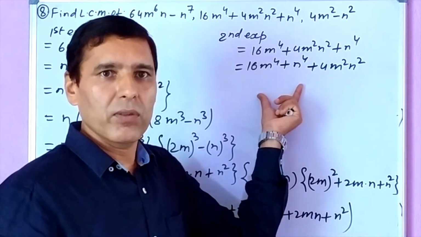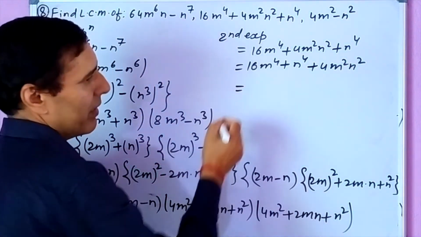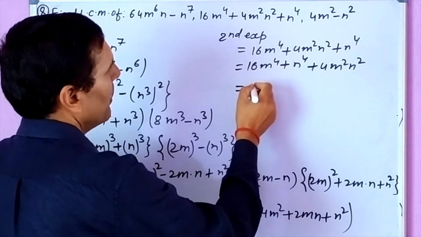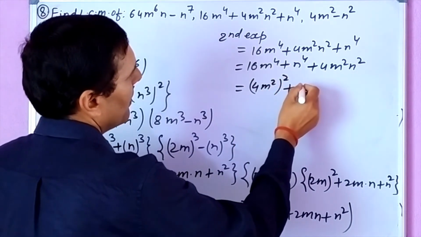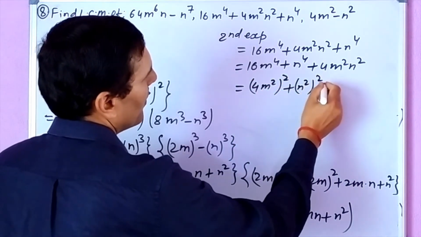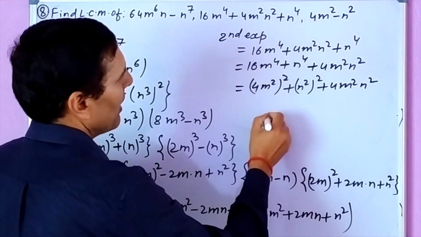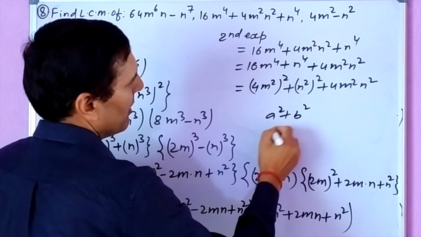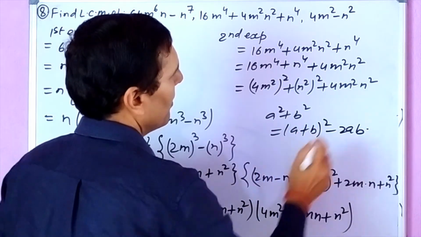We did many such factorizations in the previous questions, even in homework also. So it is 4m square whole square, it is n square whole square plus 4m square n square. In the first two terms we are using the formula a square plus b square is equal to a plus b whole square minus 2ab.